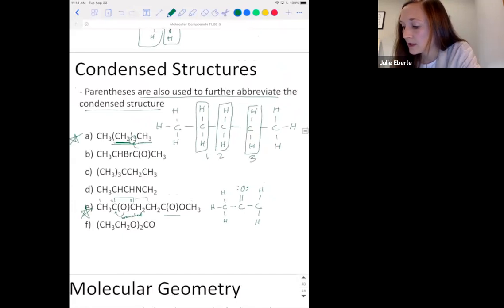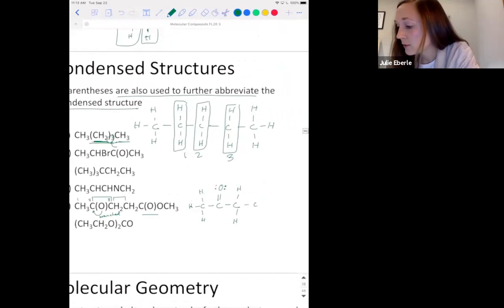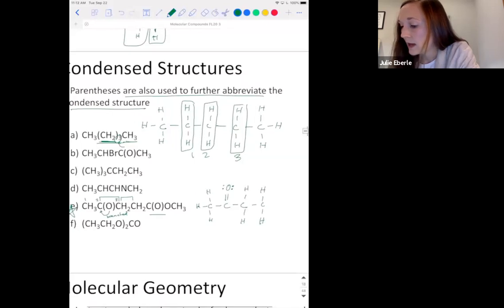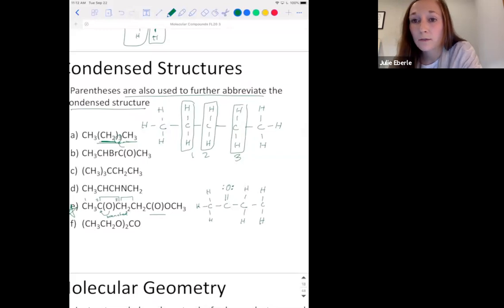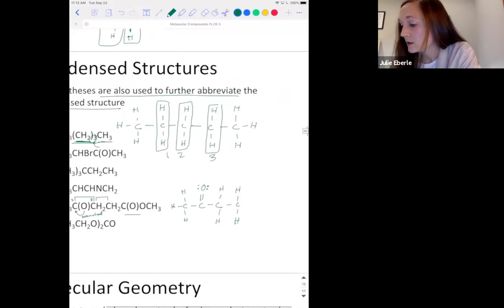Carbon number 3 is connected to carbon number 4. We have another CH2 group, so I'm going to draw another one of those. And then again, we have a carbon with an oxygen in parentheses. That's going to look exactly like what we drew just a second ago: a carbon with an oxygen in parentheses, and that oxygen has 2 bonds, 2 lone pairs to be satisfied.